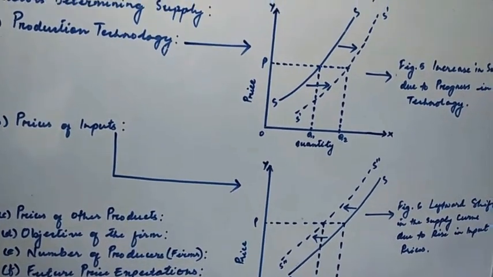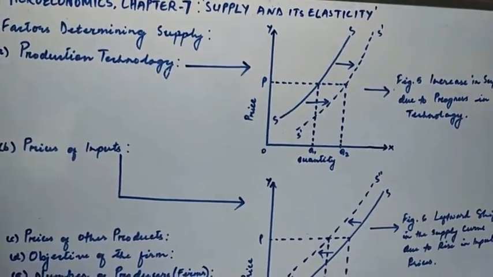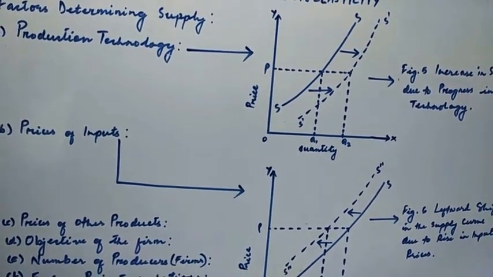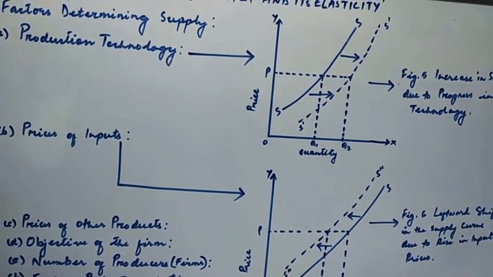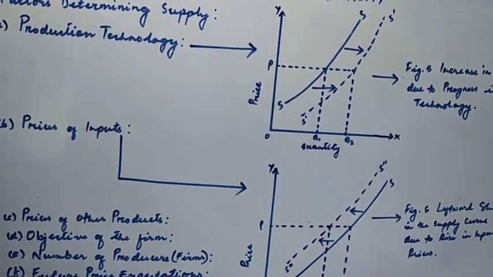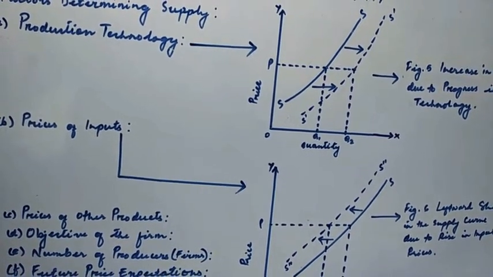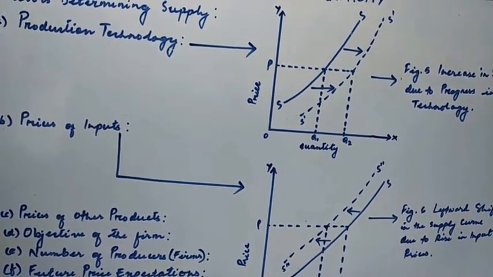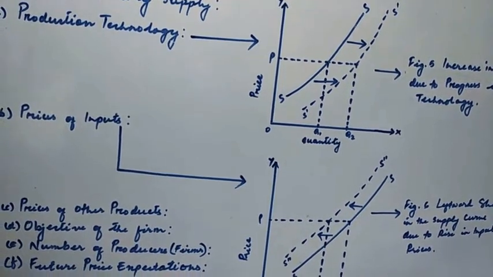So in that situation, a producer will supply more quantity of output at a particular price level of the output. That is the case when there is an improvement in production technology.